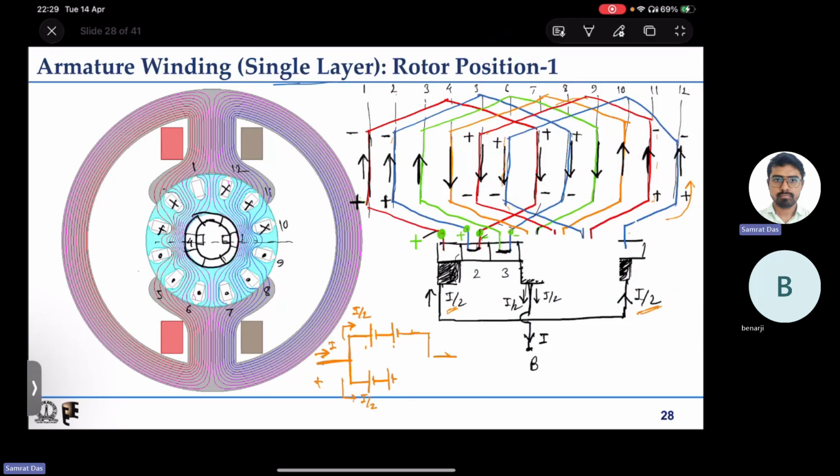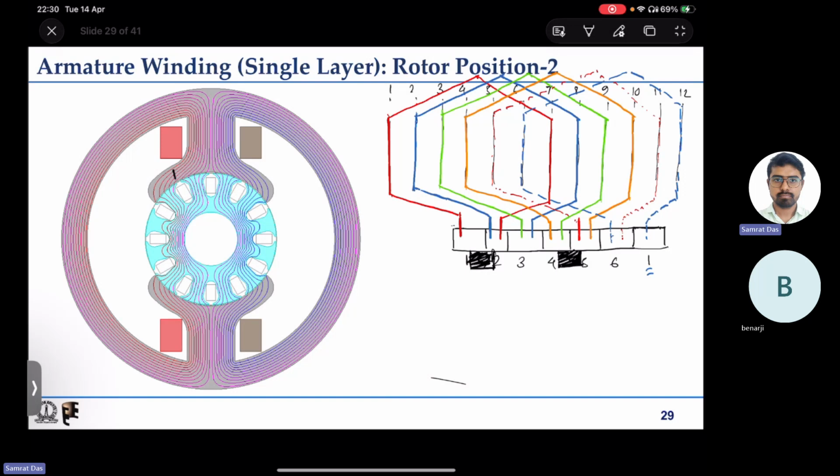So this is our coil 1, 2, 3, 4, 5. This was our rotor coil slots. Now it has moved a little bit in the anti-clockwise direction. So this one will be 1, 2, 3, 4, 5, 6, 7, 8, 9, 10, 11, 12. These are the slot numbers.